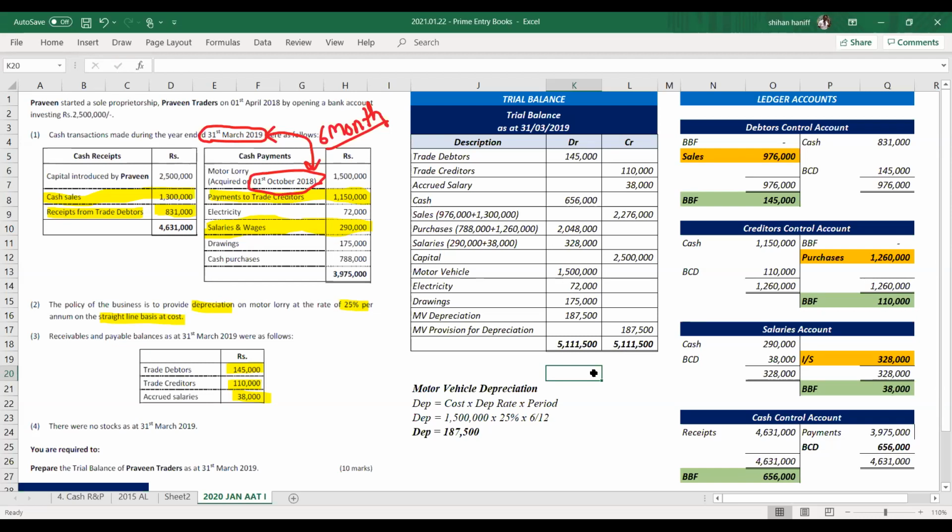So this is preparation of trial balance. These are very basic questions. So we did the debtors control account, creditors control account, right? The cash control account. And using that, we can prepare the trial balance.